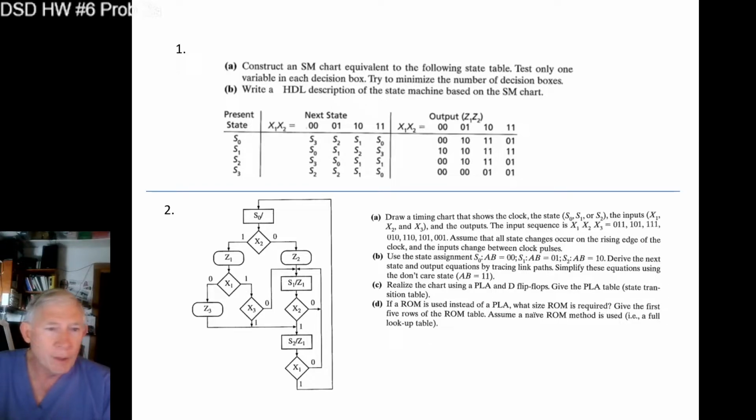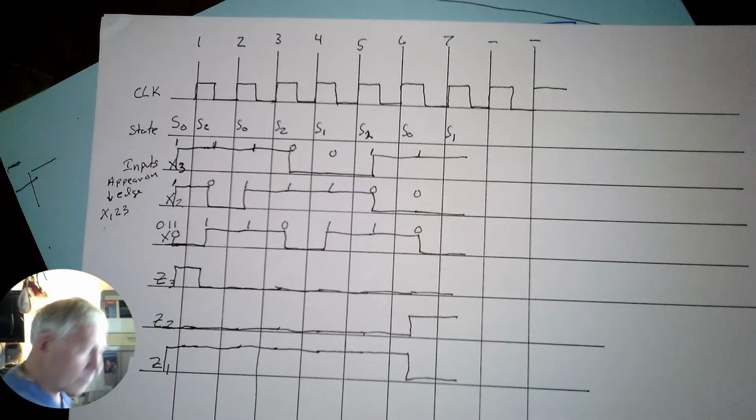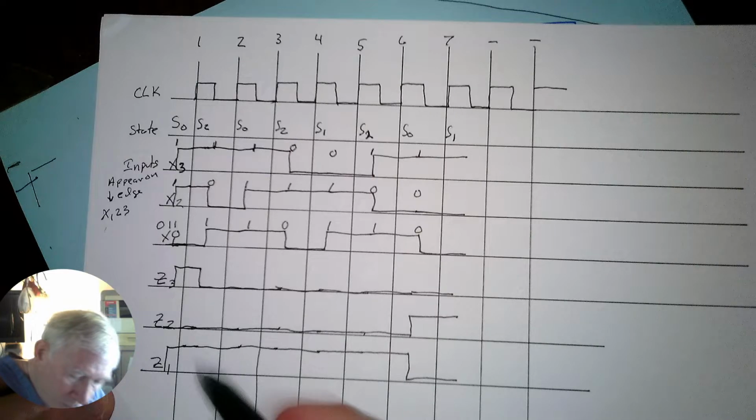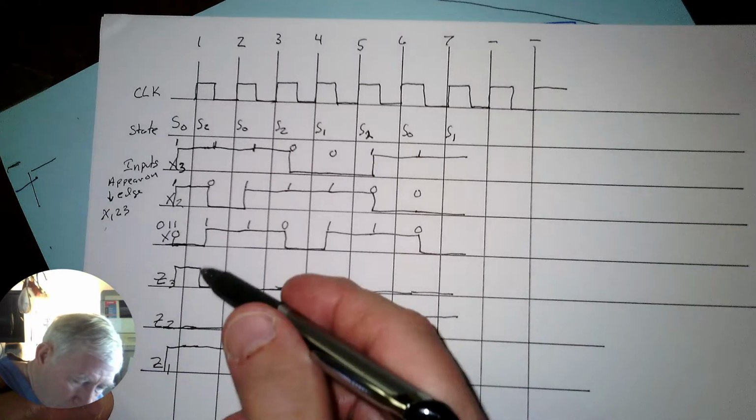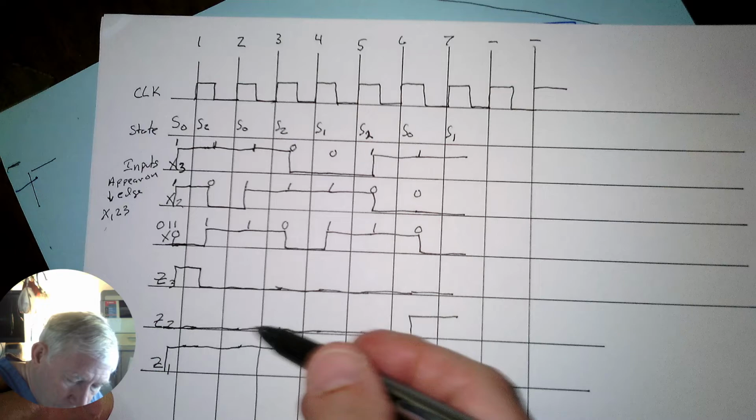The only output is a Moore output associated with state S2, and that's Z1. So our output Z1 stays up, Z3 goes down, and Z2 stays down.